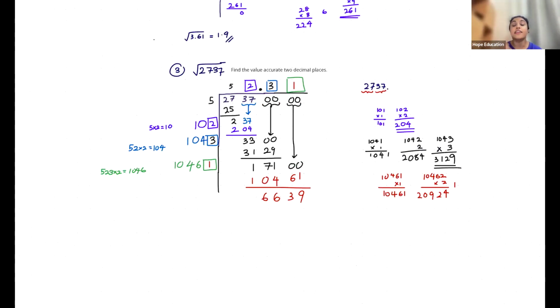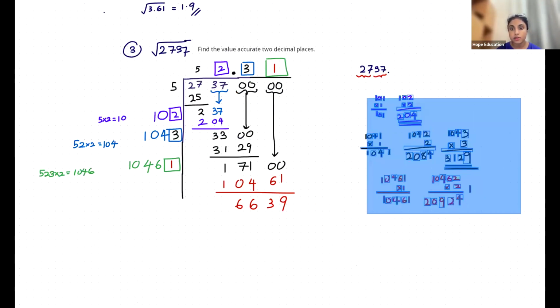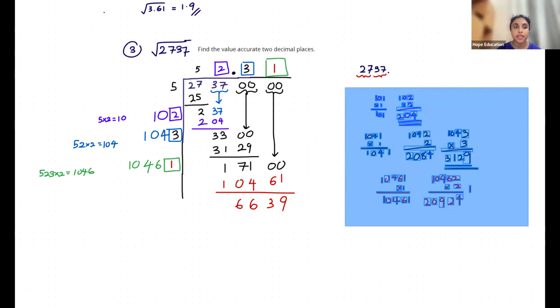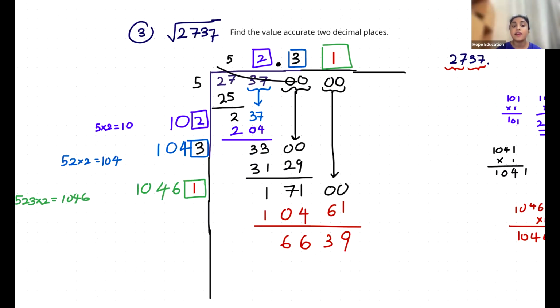I'm going to try it another time. I will tell you at the end why. Let's move all these a bit to this side so that we have space, and let's extend this division sign also. Now let's see. What is the number that I have remaining here? 5,231.